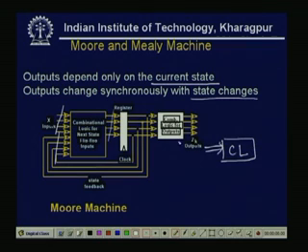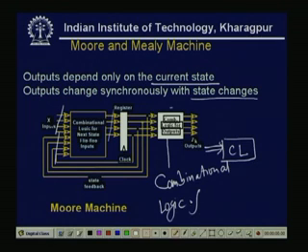So, this is the combination logic for outputs. So, the Moore machine depends only on the current state.